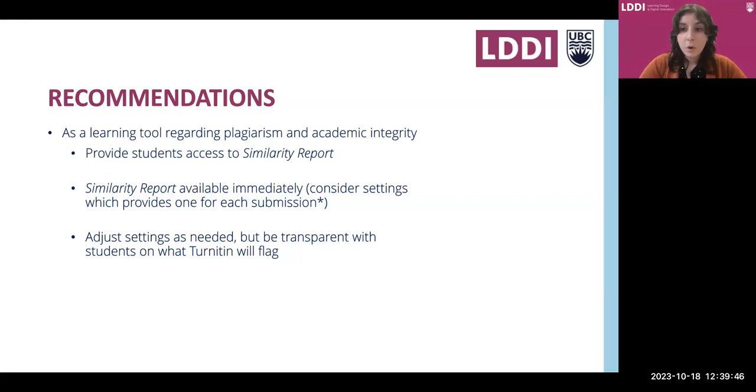So just let them know when you're using Turnitin that, yes, we will be flagging the bibliography, or we won't be flagging quotes, or whatever it might be. Just letting them know what settings you've put forward. It doesn't have to be in a lot of detail, but just letting them know, yes, the bibliography won't be counted, so don't worry. Have them be aware that their percentage is going to reflect those different pieces.